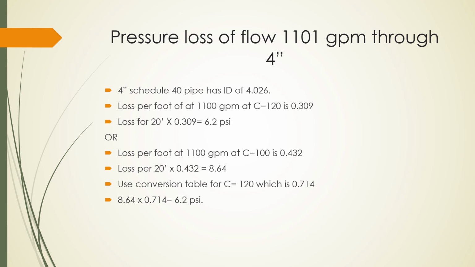And if you recall, there was a conversion table to convert losses from C of 100 to other C values. We would find the conversion for C of 120, which is 0.714, and multiplying the 8.64 times 0.714, we arrive at a number of 6.2. So it's just to show you that there's a couple of ways of going about getting that friction loss through pipe.